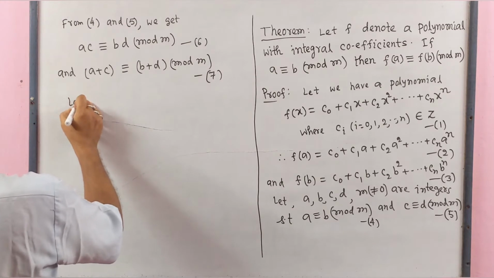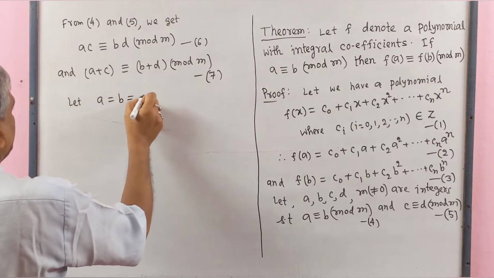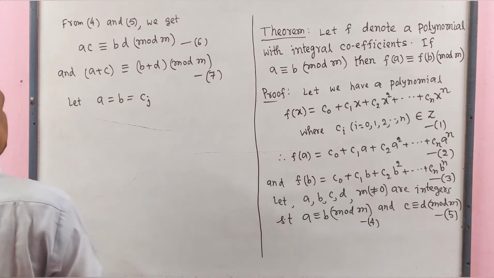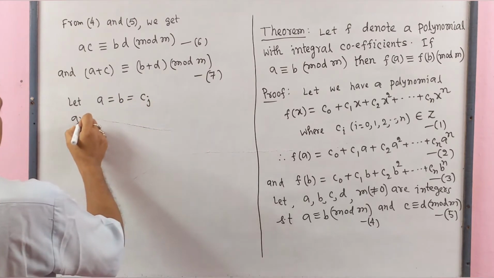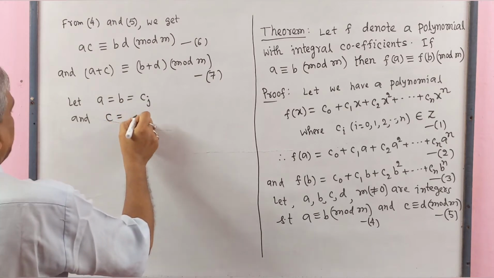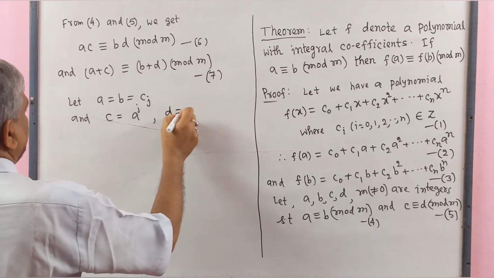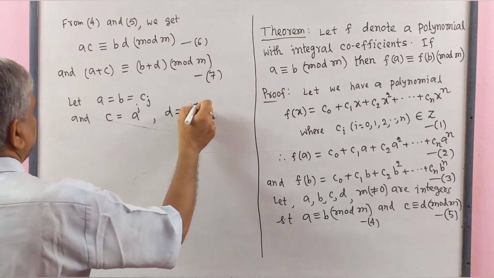Let a equal to cj and c equal to a to the power j, b equal to cj, d equal to b to the power j.